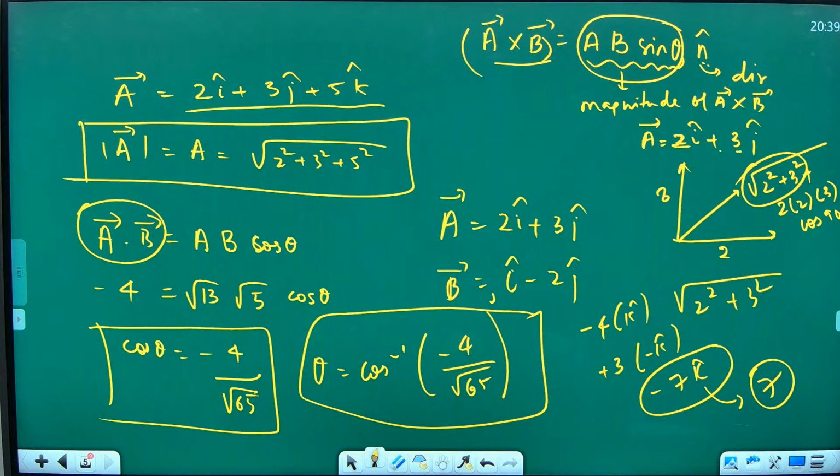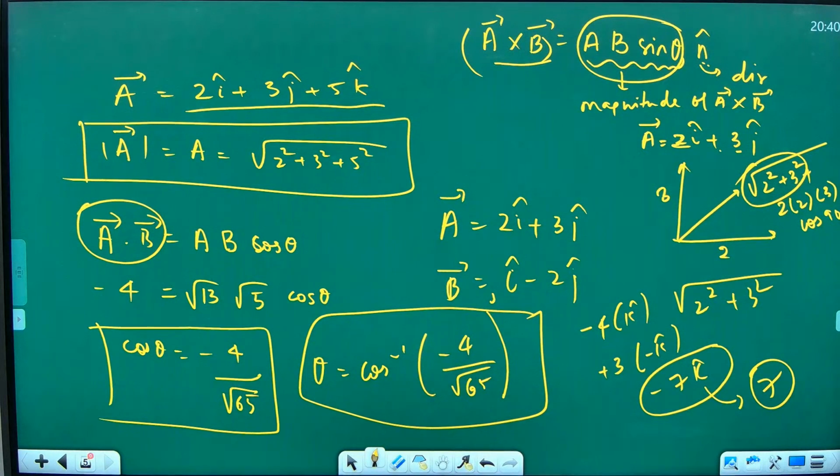That was the previous question. I will repeat it once again: if the magnitudes of two vectors are 3 and 4 and their scalar product is 6, find the angle between the two vectors.